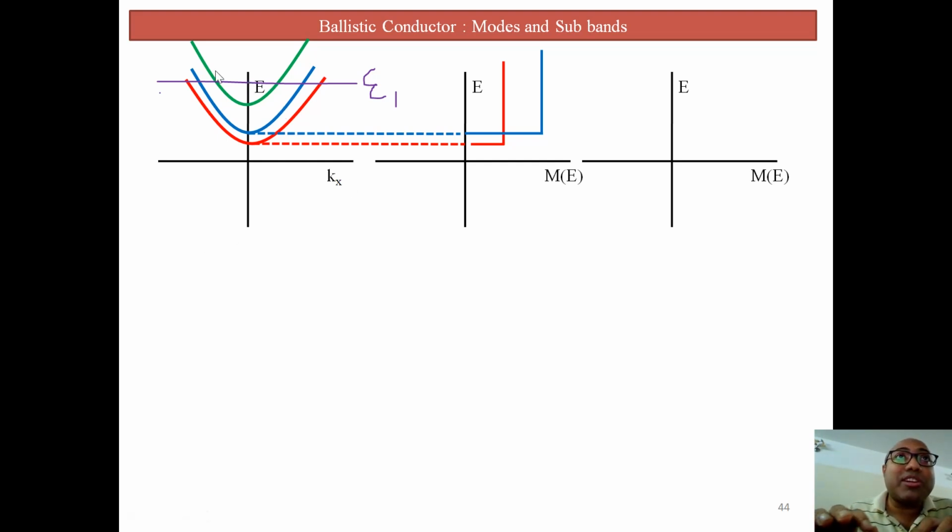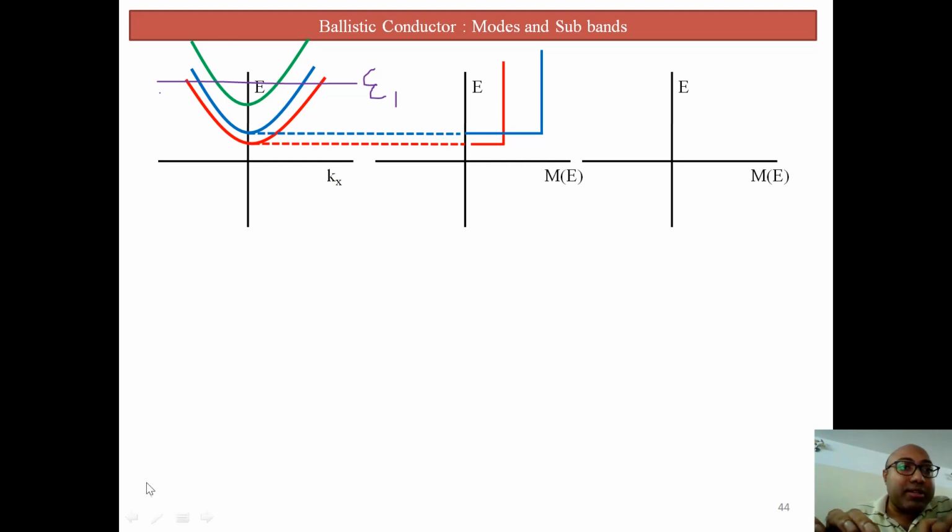Since it covers 3 EK diagrams, red, blue and green, the number of modes, which is a number, that is the beauty, is 3. You understand?